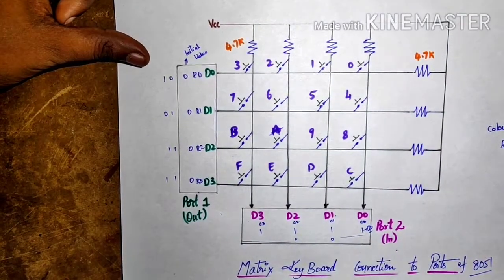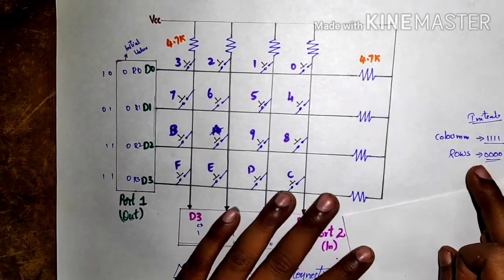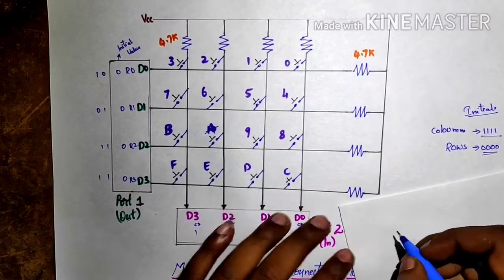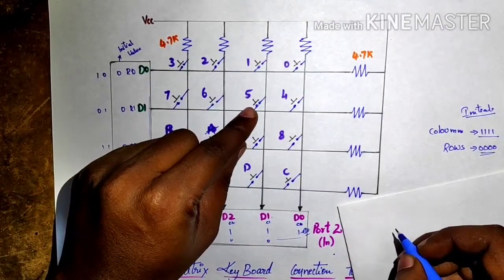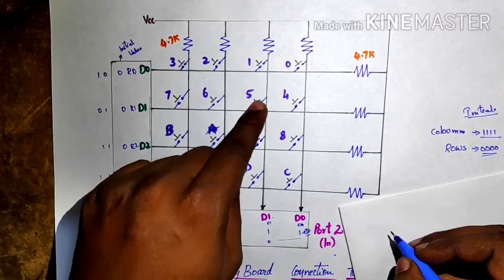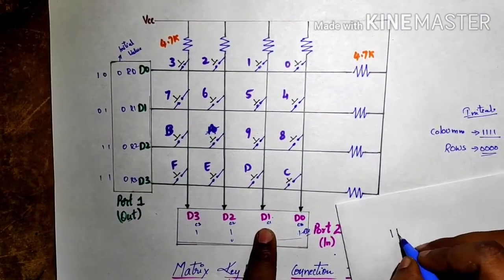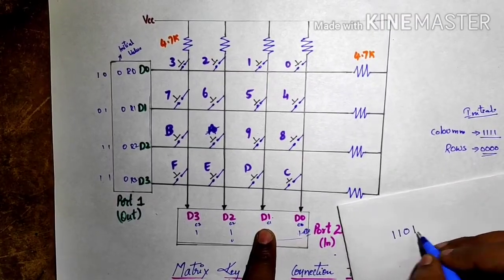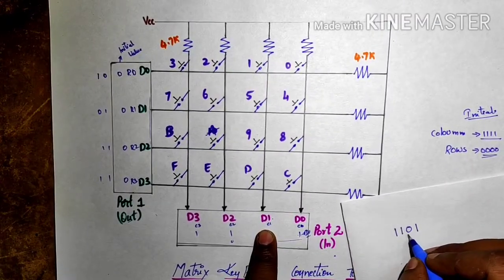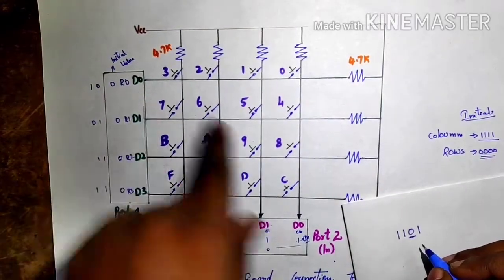We already know the initial value of columns will be 1 1 1. So when we are pushing this particular key, the column to which this digit belongs is column 1, so it becomes 1 1 0 1. This column value has been changed to 0 because the path has been closed.